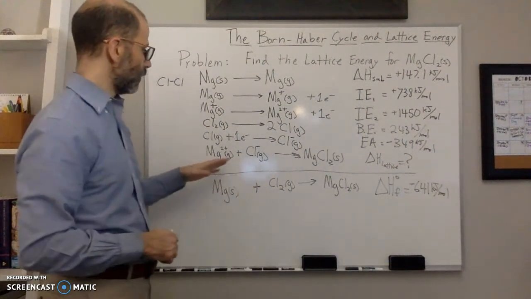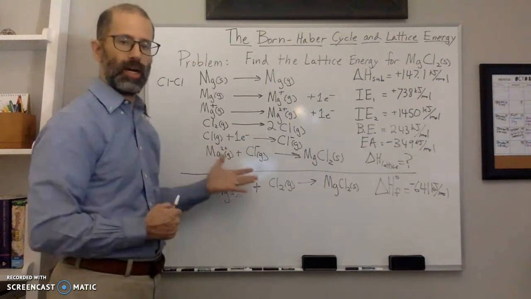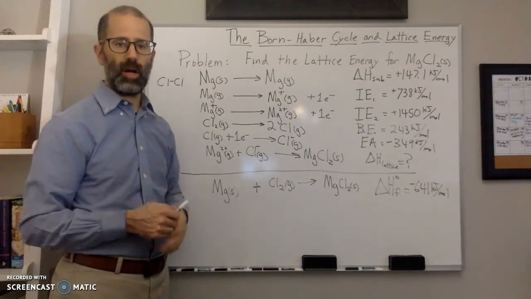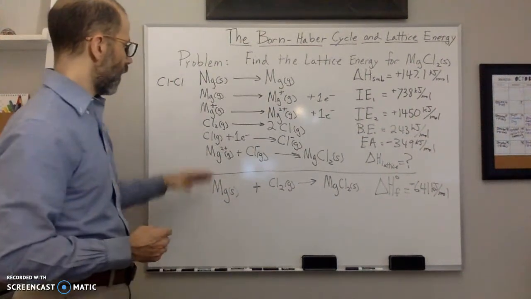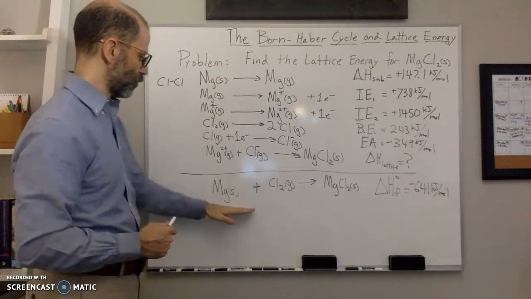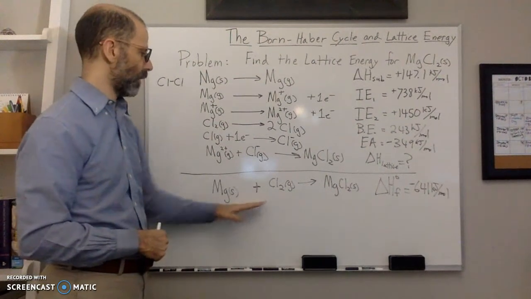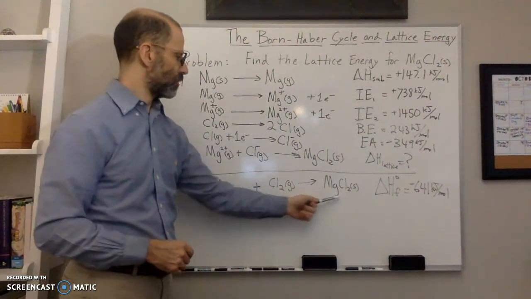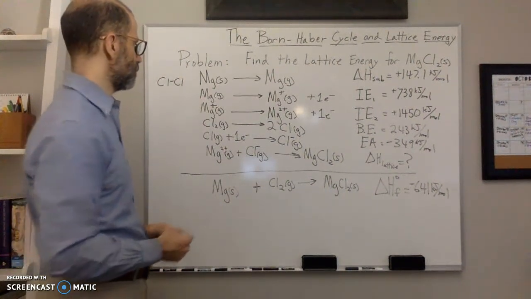So we have everything we need. We got all of our equations, and so we're done. Now all we need to do is use Hess's law to figure everything out. Remember, everything here should add up to this equation here. This is our equation for the formation of magnesium chloride from their standard elements in their standard states.